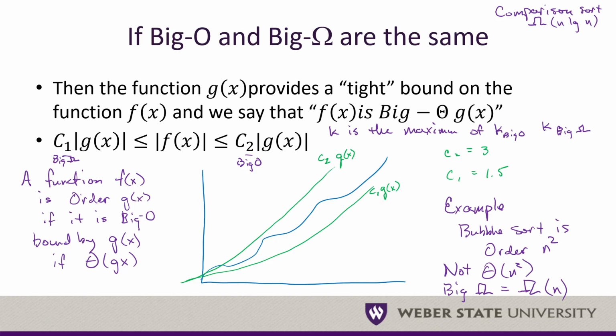For non-comparison sorts, there are a couple of sorts that are order n. One of them is called a bucket sort. The problem with most sorts that do better than comparison sorts is that they take a lot of room.